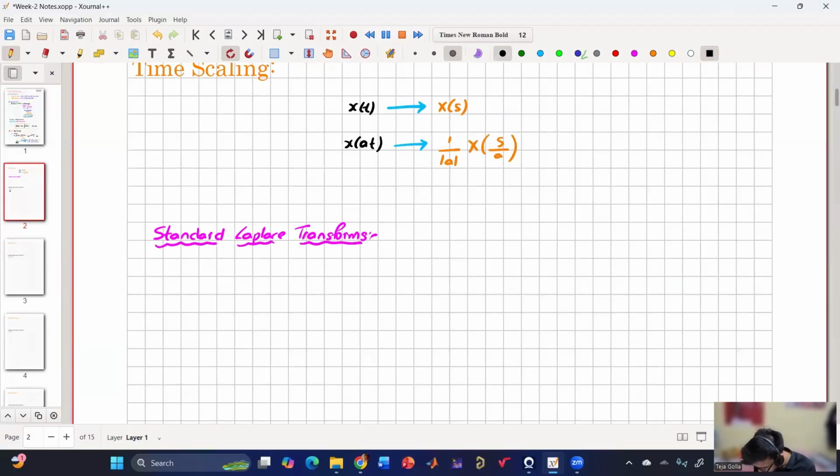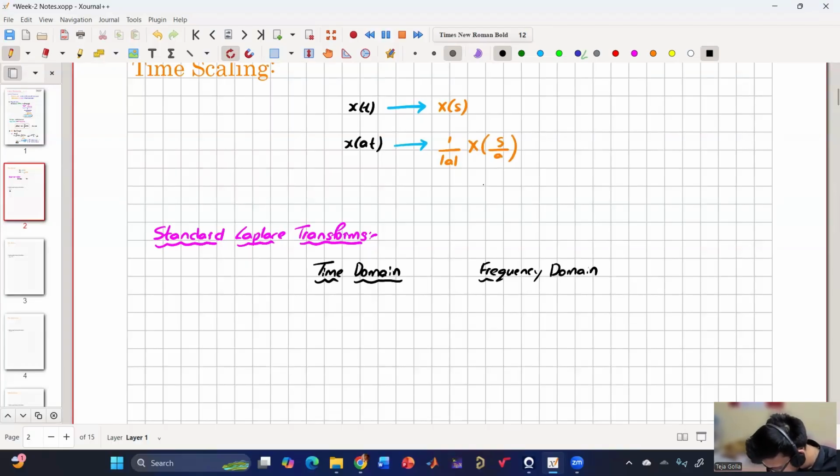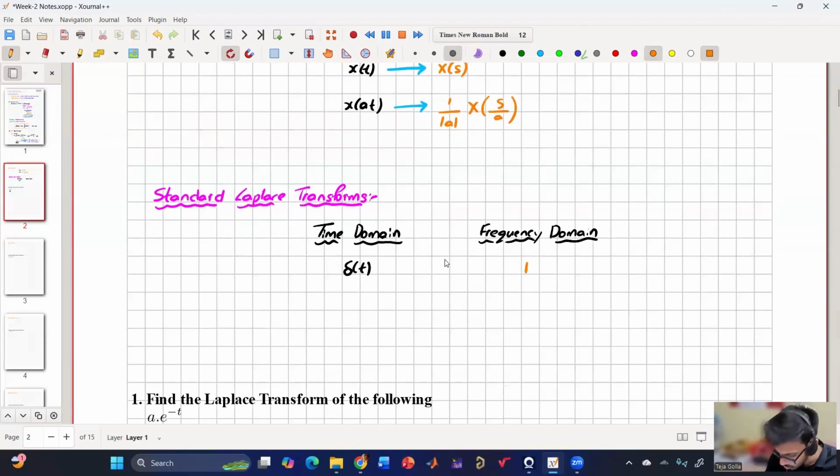We have the time domain here, and then we have the frequency domain. For the delta function, delta of t, the frequency domain Laplace transform is 1. For the step u of t, it is 1 by s.